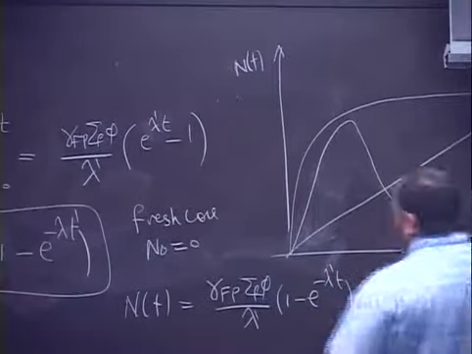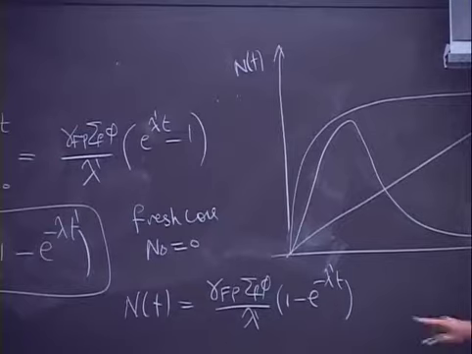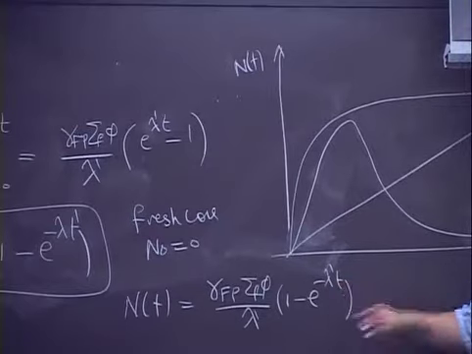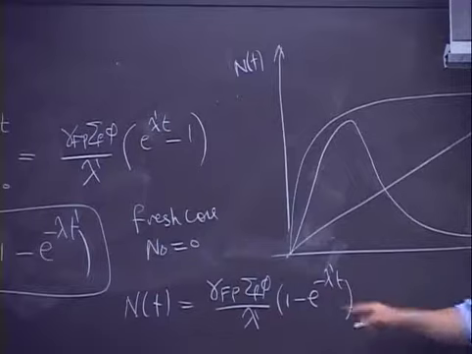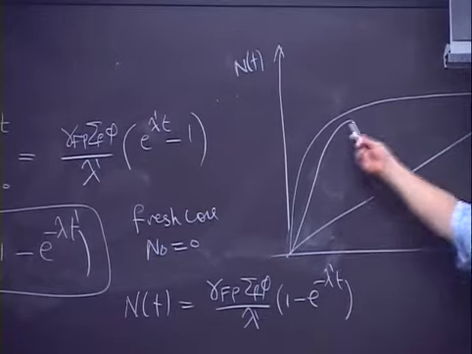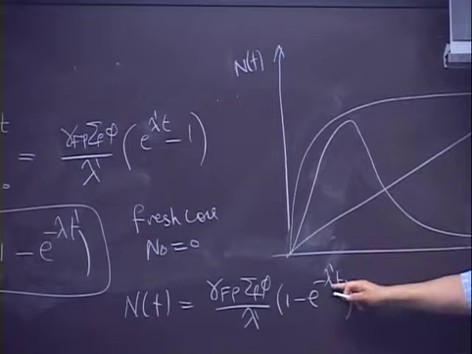So when you grow with time, what will happen for this? The exponential decays out, yes? So you will increase until you reach t equal to infinity.